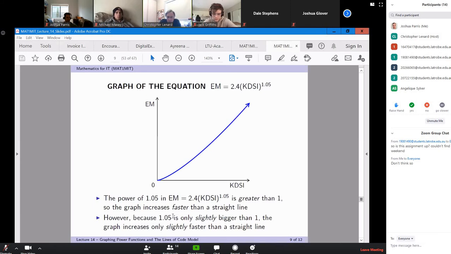Because this 1.05 is only a bit bigger than 1, this curve is only a bit more curved than a straight line. I'm not going to even try and draw a straight line there. So it increases only slightly faster than a straight line.